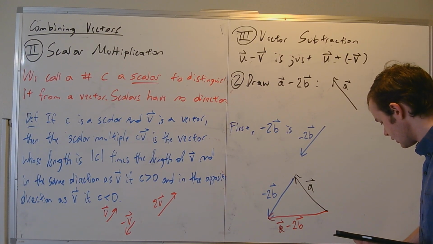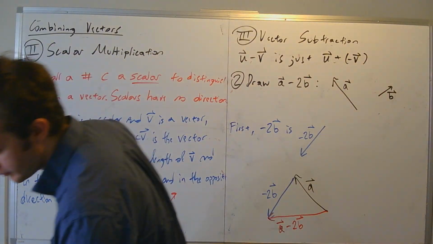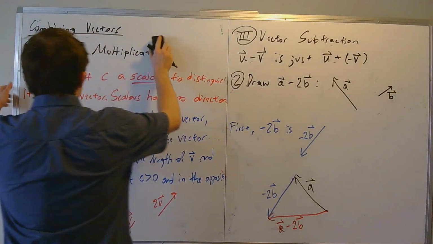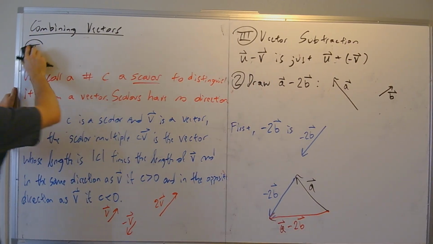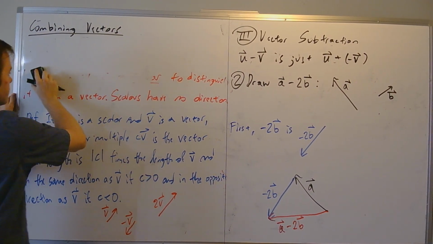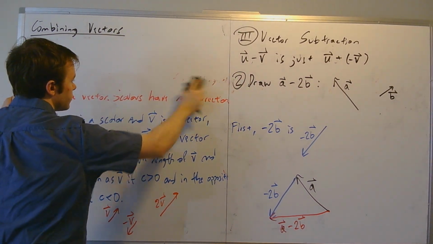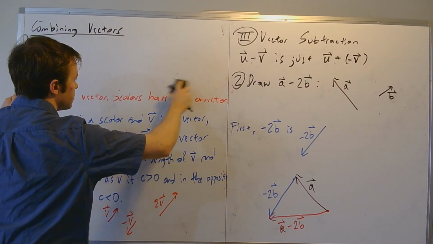Now, the next section here is going to be components of a vector. And this is going to depend on what coordinate system you're in, whether you're in one-dimensional space, two-dimensional space, or three-dimensional space.